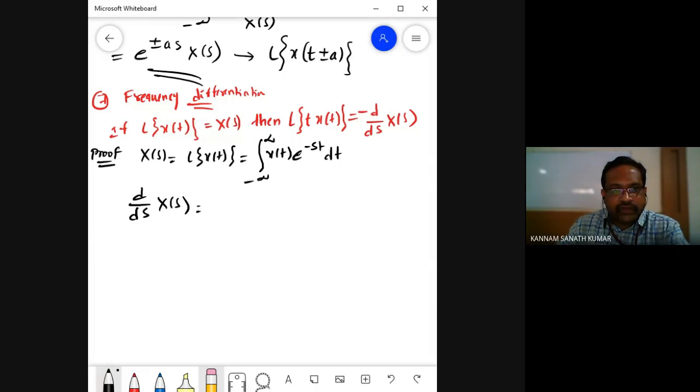So d by ds of X of s equals, differentiating on both sides, d by ds of integration from minus infinity to infinity x of t into e power minus st dt.